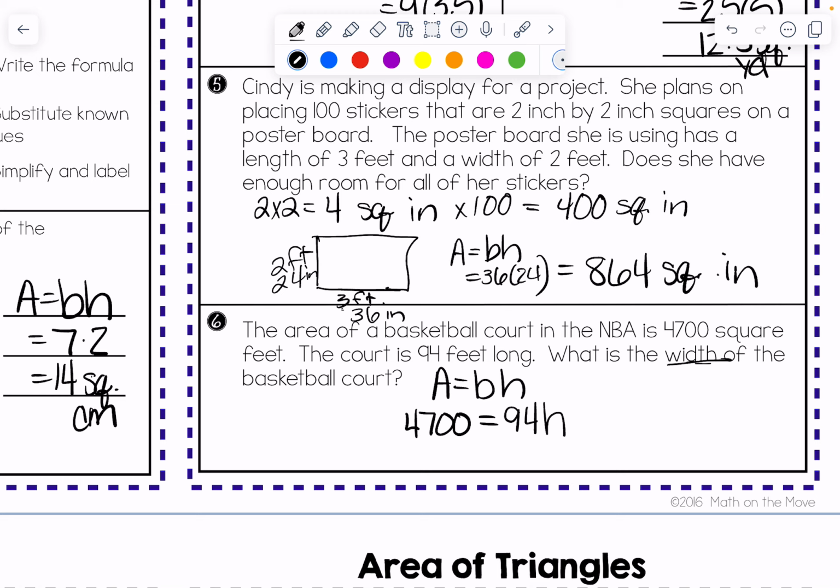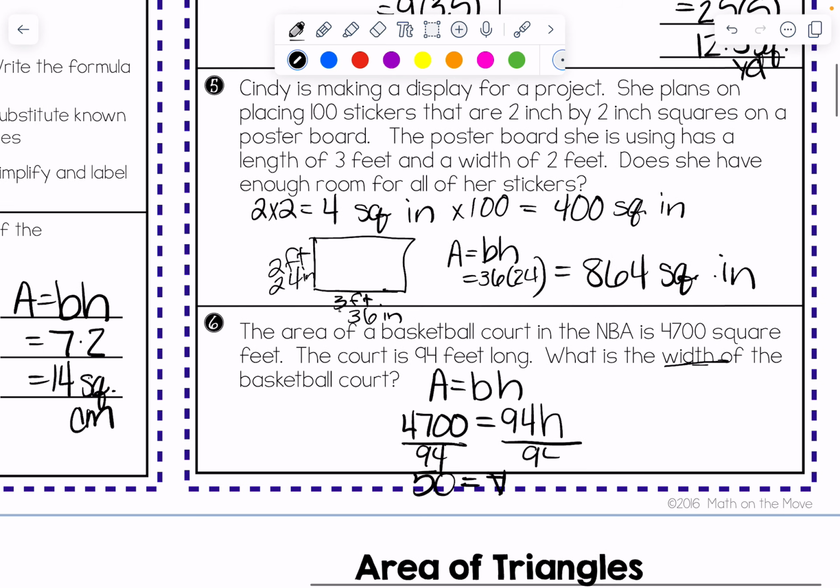And so I have 4,700 is going to equal 94 times something. So to figure that out, we can divide by 94. And when we do that, we get 50. So that means that the width of that basketball court is going to be 50 feet.